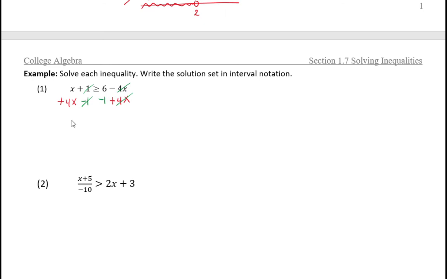On the left side I have 5x, and on the right side that's greater than or equal to 5. Now you divide both sides by 5, and that's a positive number, so the direction will not change. These two cancel and these two cancel, and you get 1.